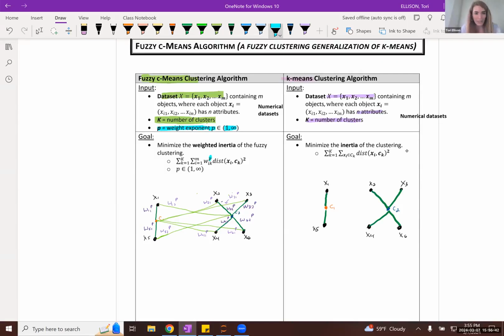But one place that this P or this fuzziness parameter P shows up is when we speak about our overall optimization problem that we are trying to solve in fuzzy C-means. So if we recall, in k-means, our overall optimization problem that we are trying to solve when we ideally select our k-means clustering is we want to find the k-means clustering that minimizes the squared Euclidean distance from every observation to the centroid of the cluster that it was assigned to.